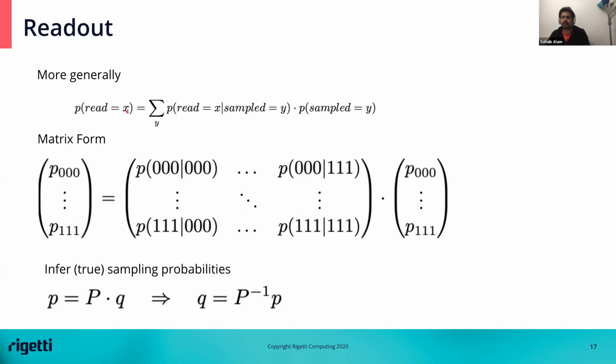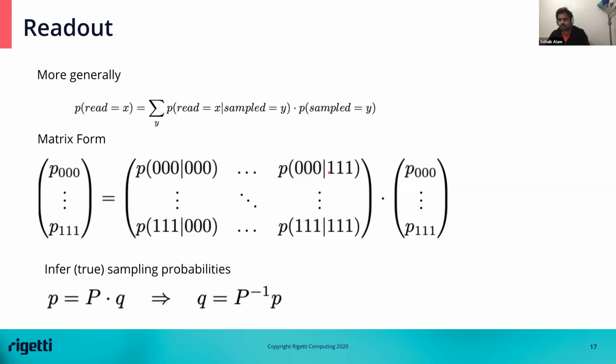So if there are 2 to the n possible values over here for X, right? As an example, if I have 3 qubits, then this is an 8-dimensional column vector, and this is an 8 by 8 matrix, right? So this is basically saying that you actually sampled the bit string 000, and you also read it out as 000, right?